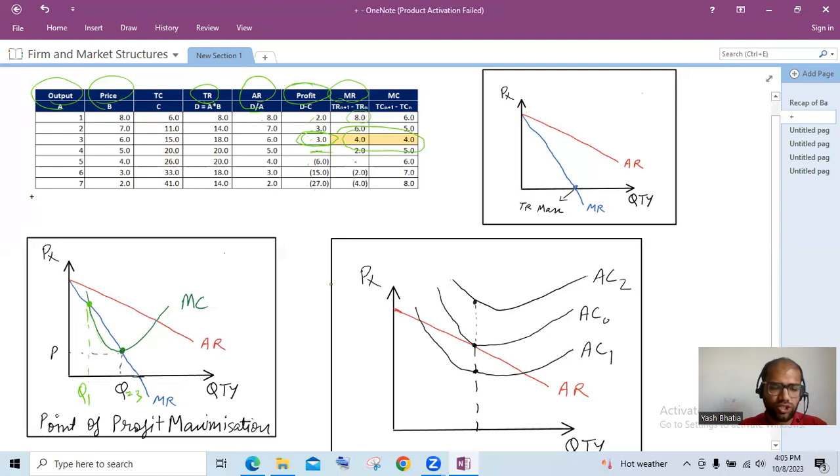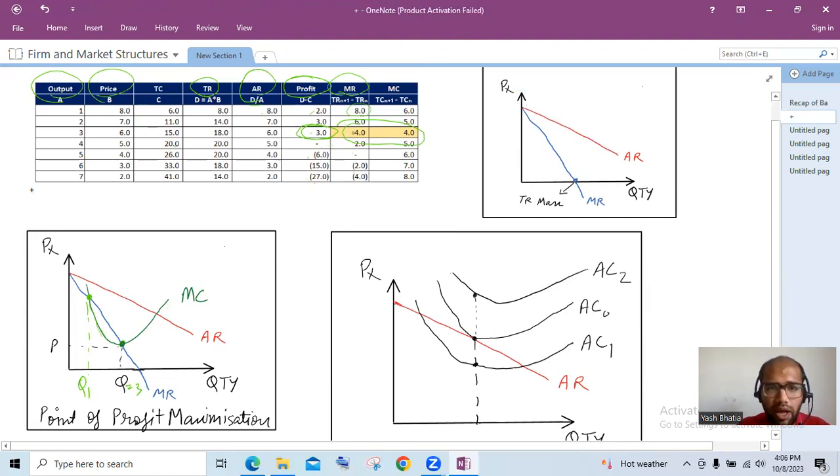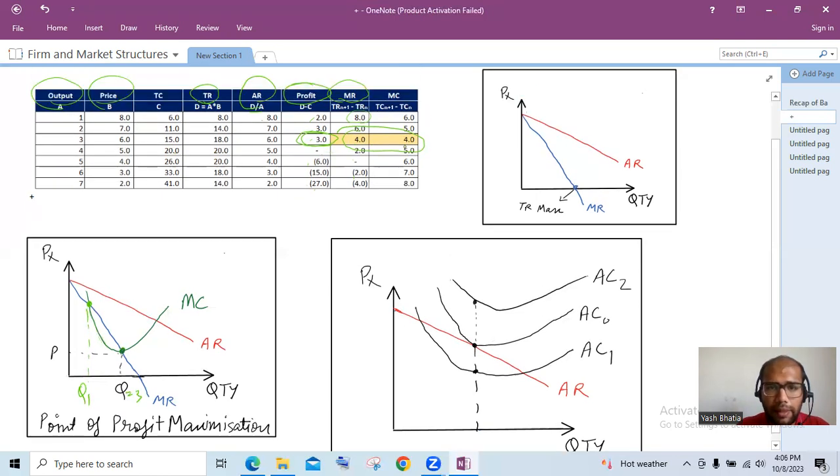And there is one other condition. For profit maximization, there are two conditions that you need to remember. MR should be equal to MC, and your MC should rise after touching MR. You see here, when MR is equal to MC, MC should rise after that. If you notice here, MC is rising after cutting MR at the lowest.